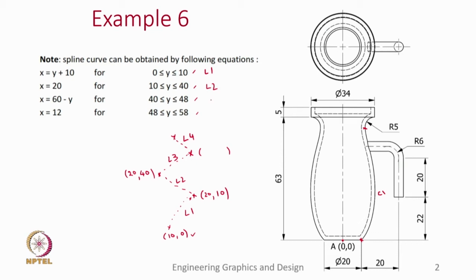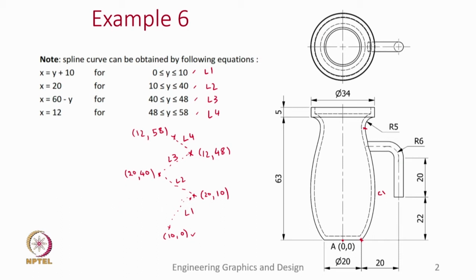Line 1, line 2, line 3 and line 4. The end point of line L3 will be y equal to 48. X will be 60 minus y, 60 minus 48 is 12. Finally, the end point of line L4: the y component will be 58 and the x component is given as constant, which is 12.